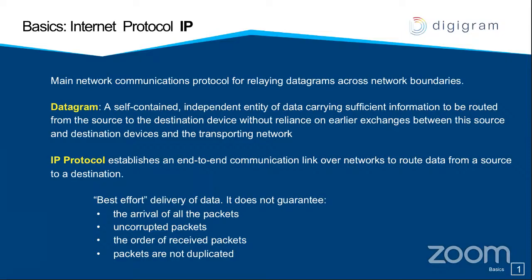And obviously, for any kind of audio or multimedia, we want to have a best effort to deliver the data. But in IP networks, there's no guarantee that all of these packets will arrive, that we won't have packets that are corrupted. There's no guarantee that the packets will be in the proper order, and that maybe some packets will not arrive or may be duplicated.